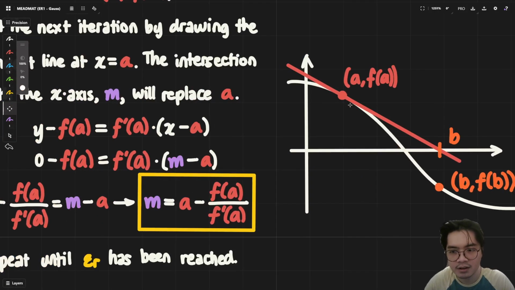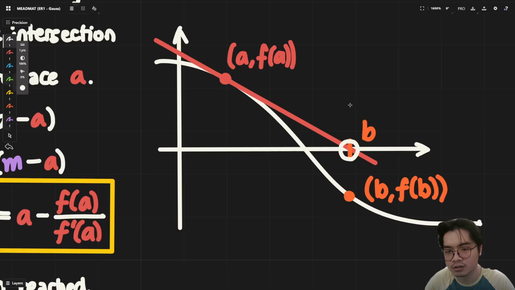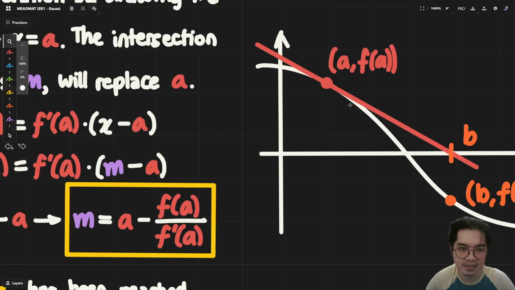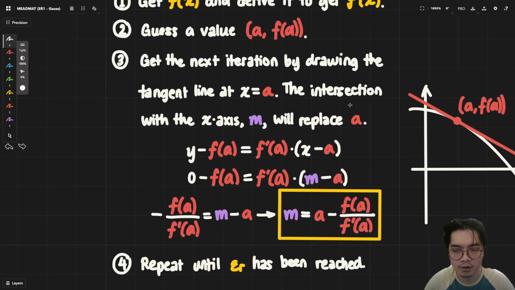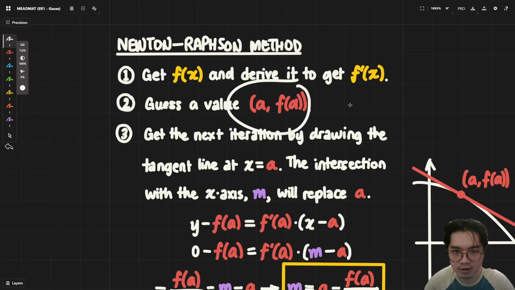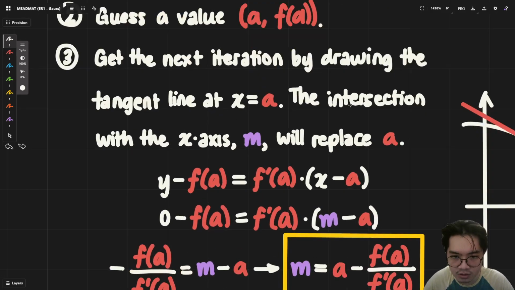And then the equation that gets you this next value is basically using this point and this slope, which is going to be from f prime of a, right? Notice that this is now your f prime of a. Any value of a derivative is going to be the slope, right?